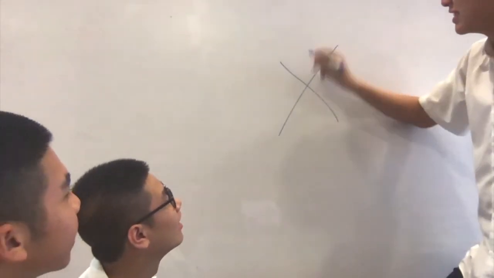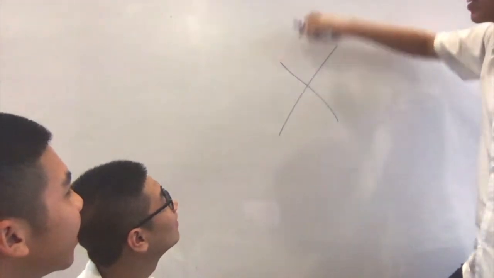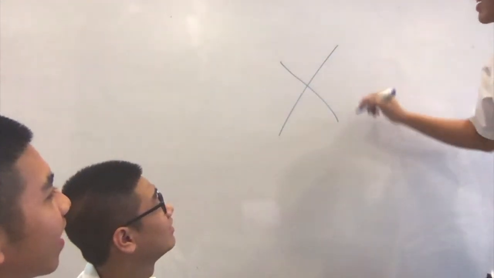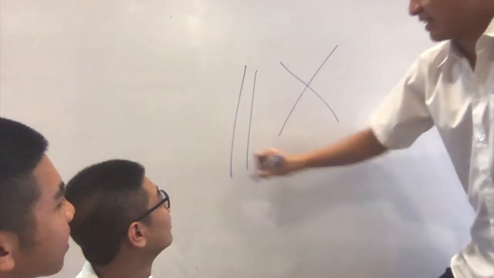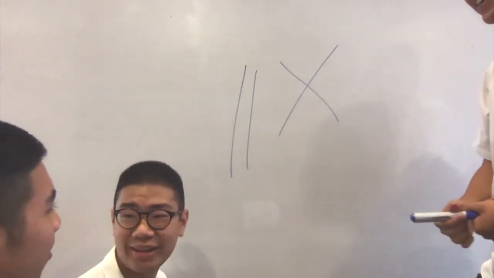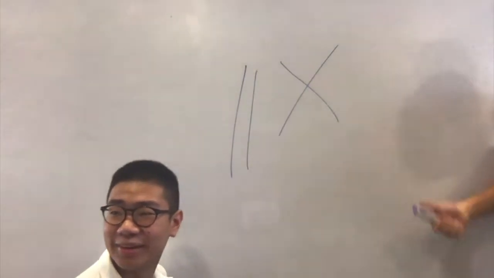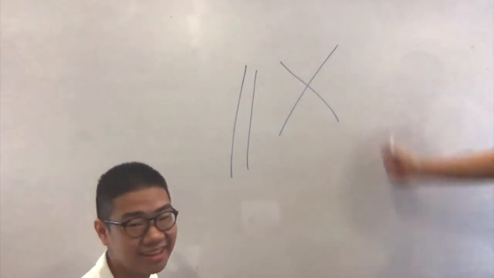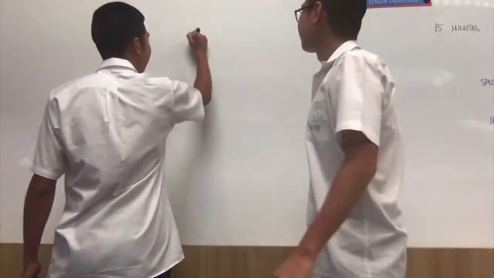You see, it does not go together, but this is a parallel line. What the hell is this? Oh man. End of flashback. But now we understand what is parallel and non-parallel lines.